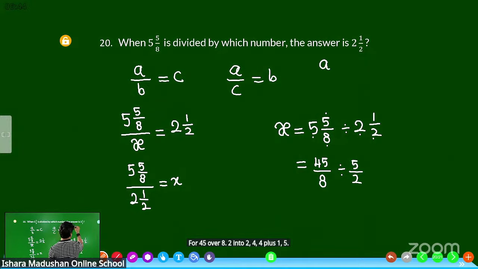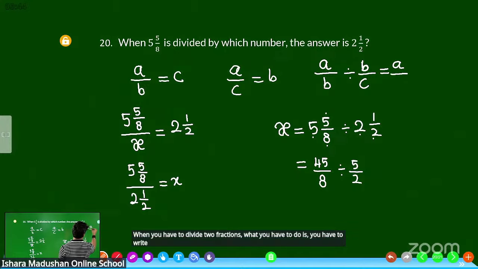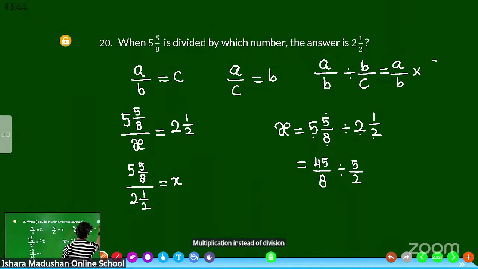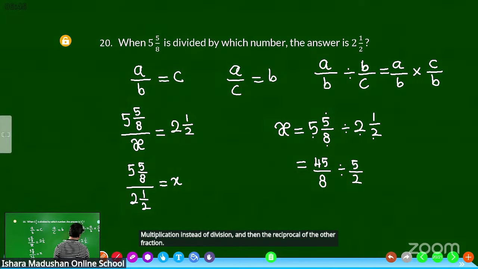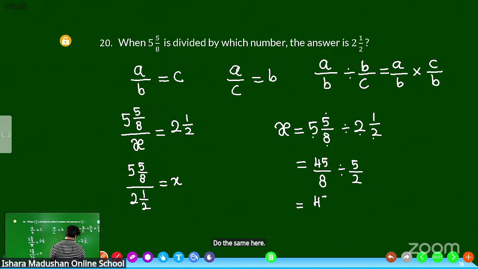Now when you have to divide two fractions, what you have to do is write one fraction as it is, change the division to multiplication, and write the reciprocal of the other fraction. Then check for common factors between numerator and denominator: 45 and 5 give 9 and 1, and 8 and 2 give 4. So x is 9 over 4.